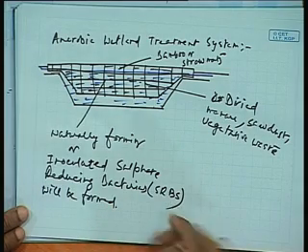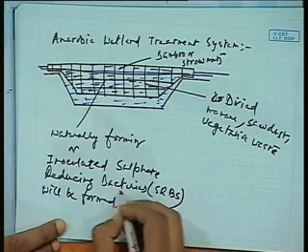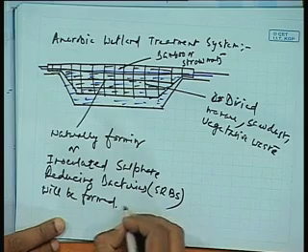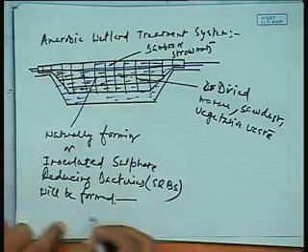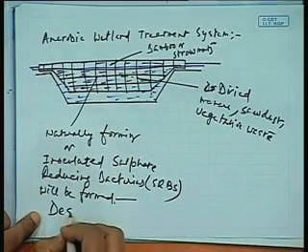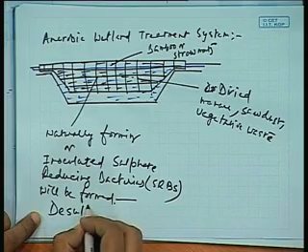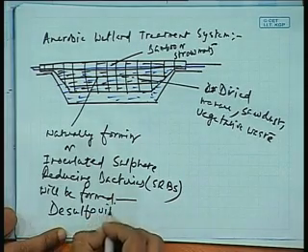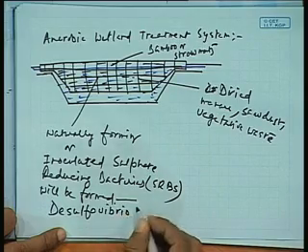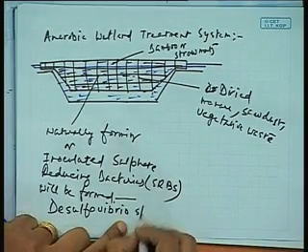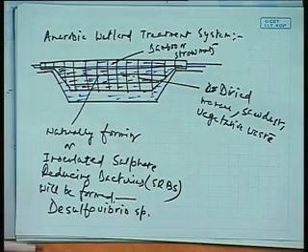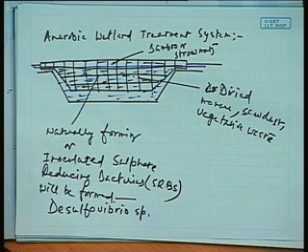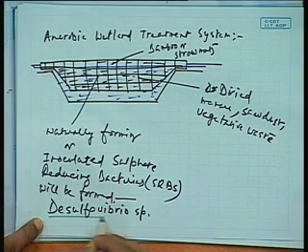This is particularly bacteria; one of those species is Desulfovibrio. This is a typical species, Desulfovibrio species. This kind of particular species would be formed.